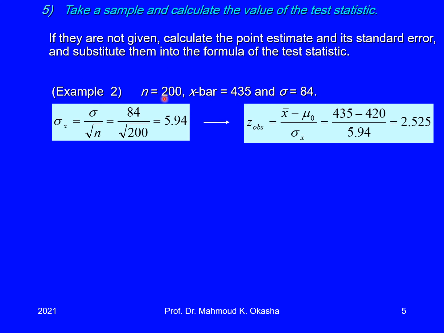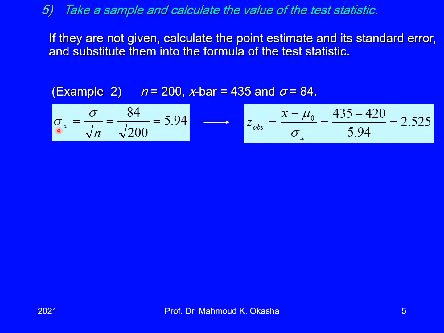For example, if given n equals 200, x bar equals 435, and sigma, the standard deviation of the population, is 84, then as n is large and the population standard deviation is known, the test statistic is Z. So we calculate Z obs. We have x bar equals 435 and sigma equals 84.